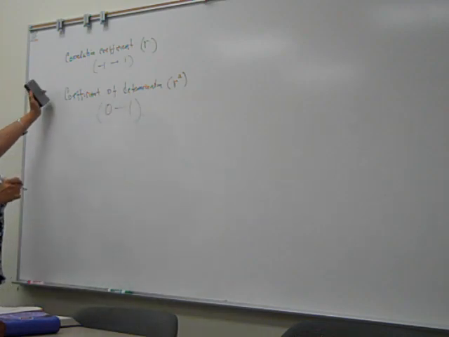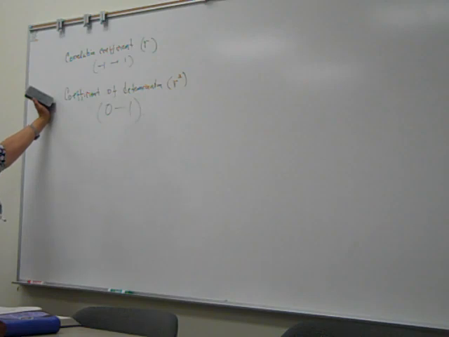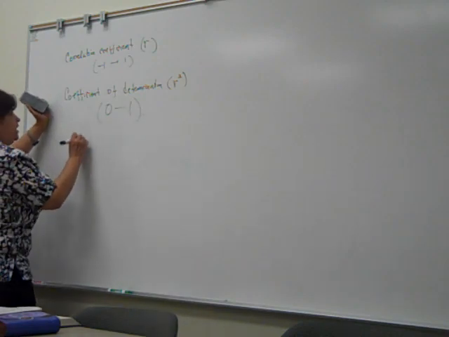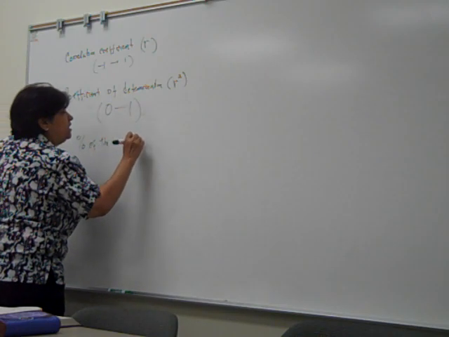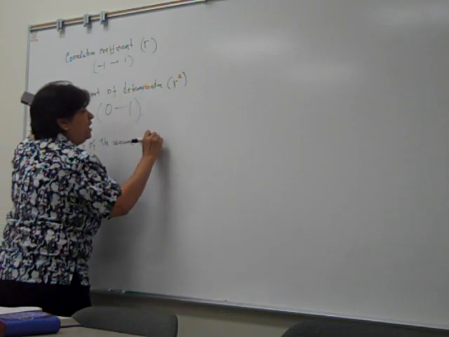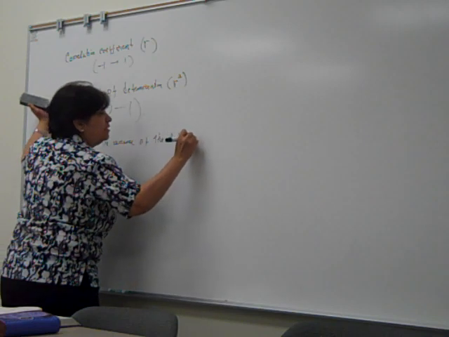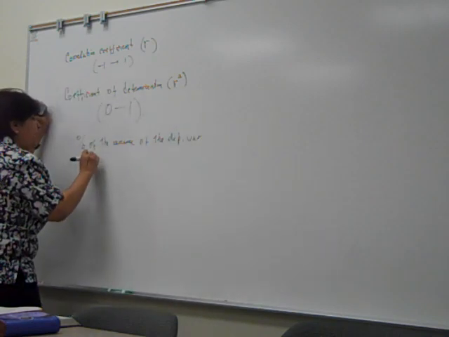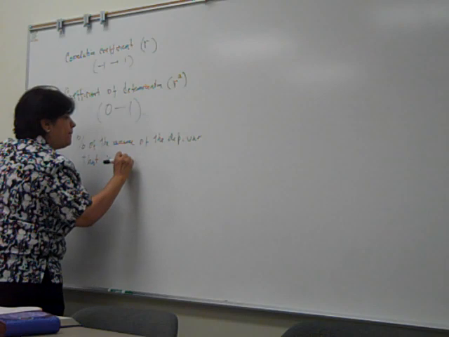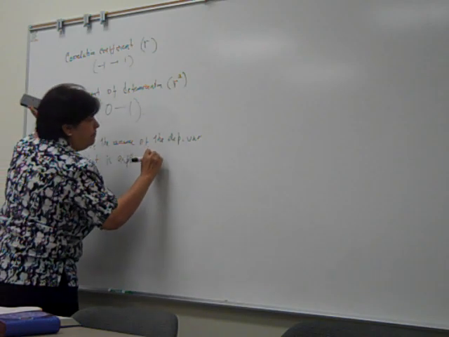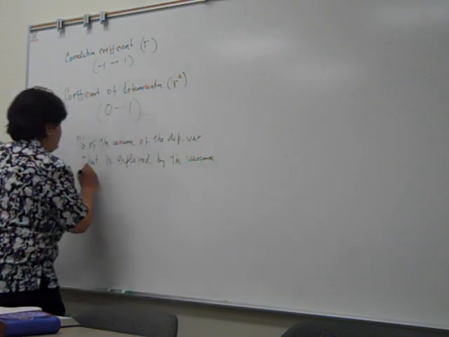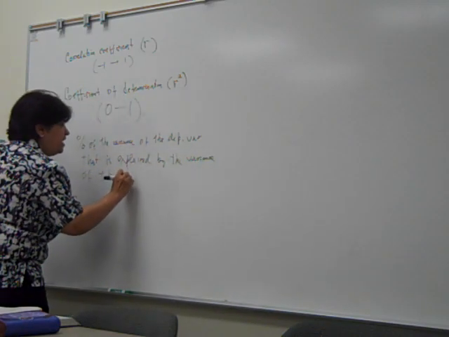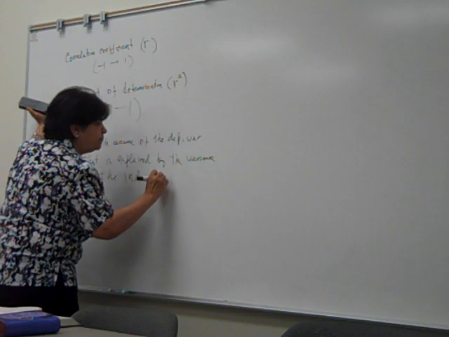This coefficient of determination measures the percentage of the variance of the dependent variable that is explained by the variance of the independent variable.